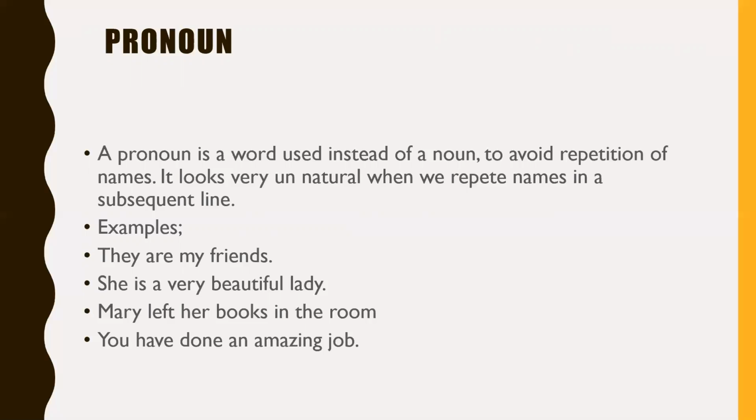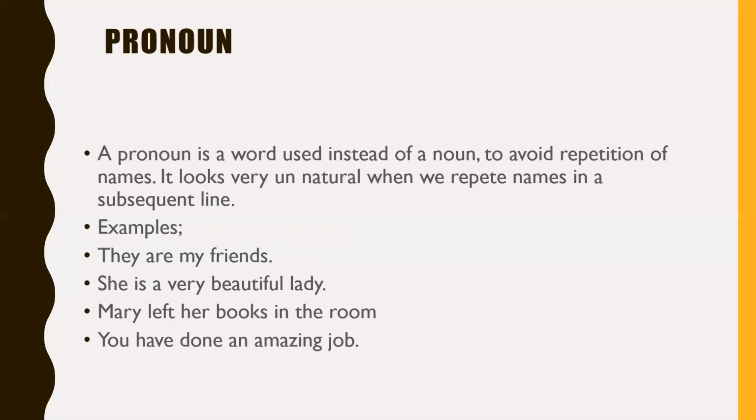They are my friends. She is a very beautiful lady. Mary left her books in the room. You have done an amazing job. Now the pronouns here are they, she, her, and you. There are different types of pronouns.